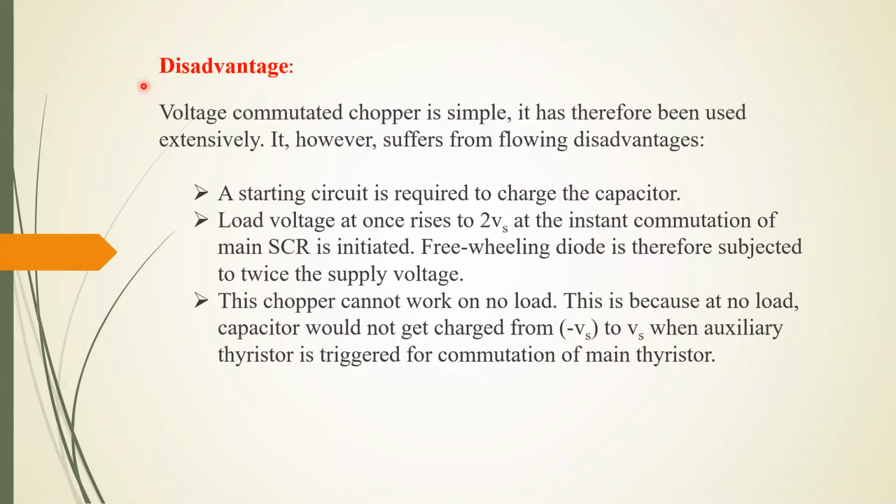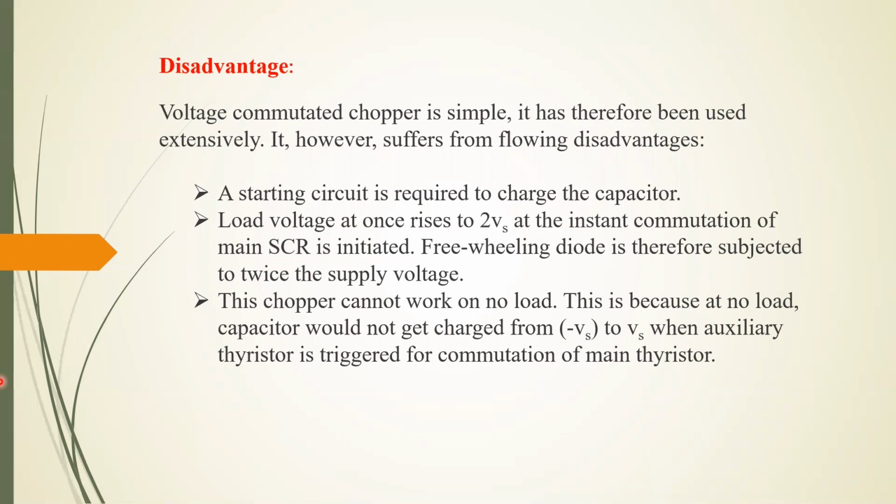So what are the disadvantages? The voltage commutated chopper is simple. It has therefore been used extensively. It, however, suffers from the following disadvantages. A starting current is required to charge the capacitor. The load voltage at once rises to Vs. At the instant commutation of the main SCR is initiated, the freewheeling diode is therefore subjected to twice the supply voltage.